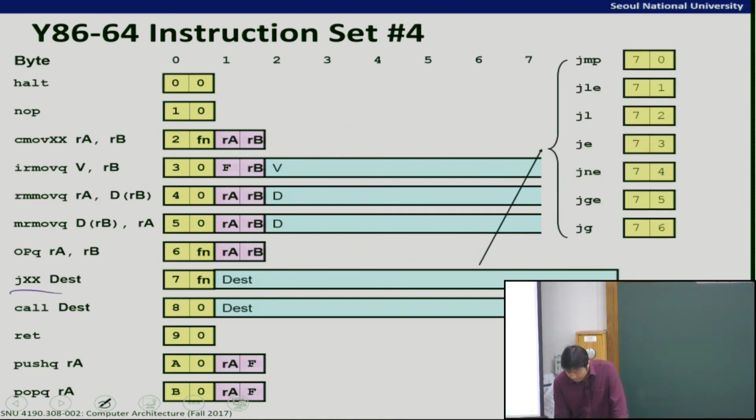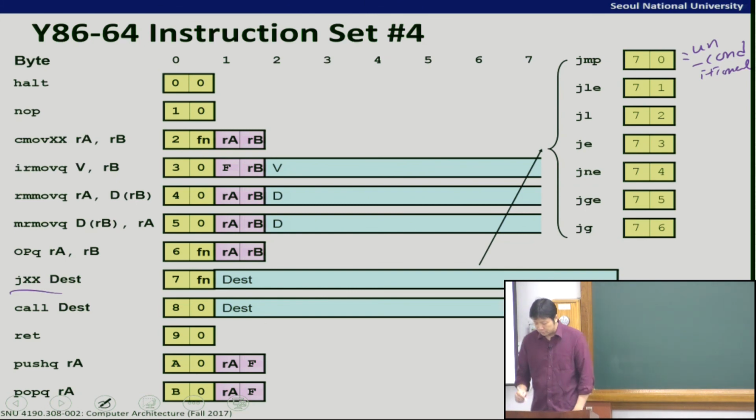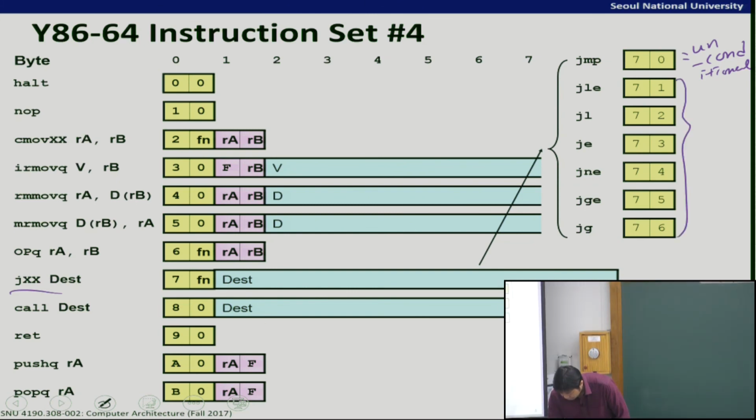The next one is the jump instruction. This is an unconditional jump. And the next ones are conditional jumps. Depending on the value of the flags, it will either jump to the target or otherwise just go to the next instruction, right?